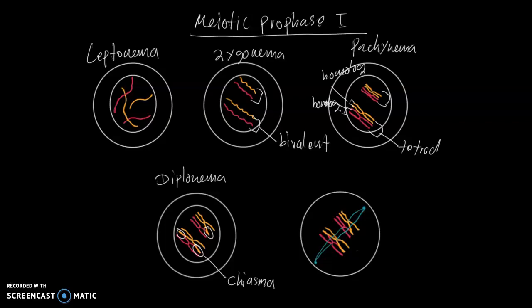So we have one homolog here going this way, the other homolog here going this way. And the same thing goes for this pair. One homolog is going that way, and the other homolog is going to go this way. This is, again, diakinesis.